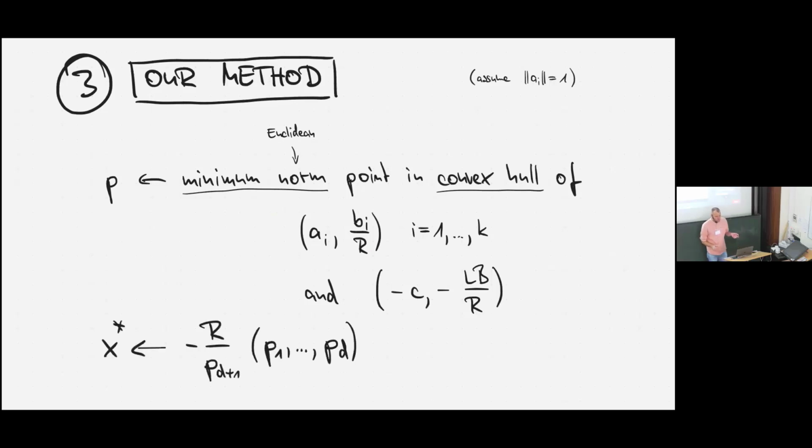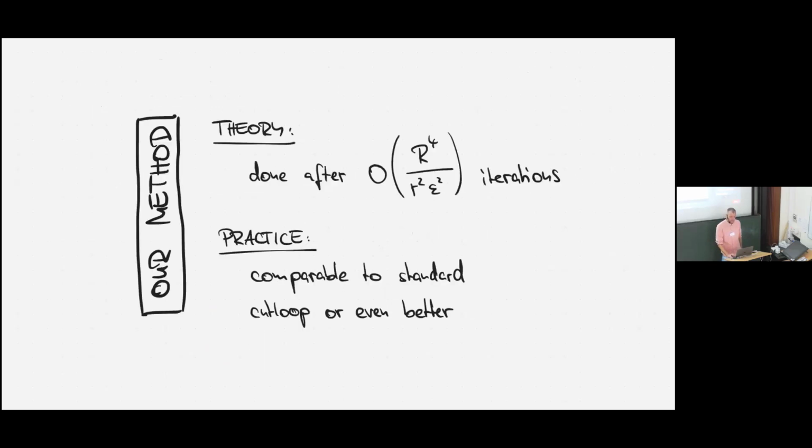That's almost the point P. What we do is we take the first d many entries, and then we normalize by the last entry and capital R. We will see in a minute why this is the right point that you want to get. Good. All right. What we can prove about this method is that after this many iterations, you can get an additive epsilon error.